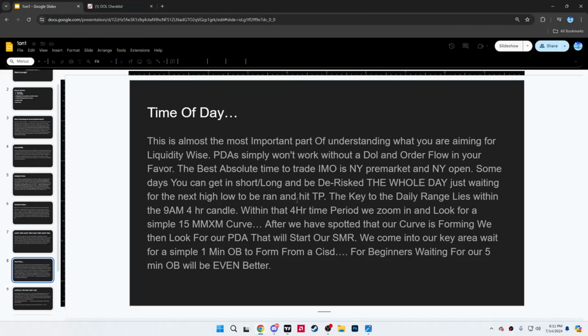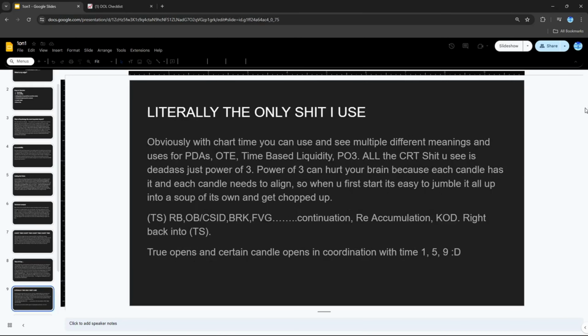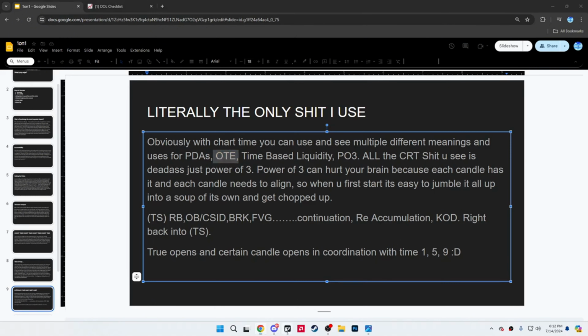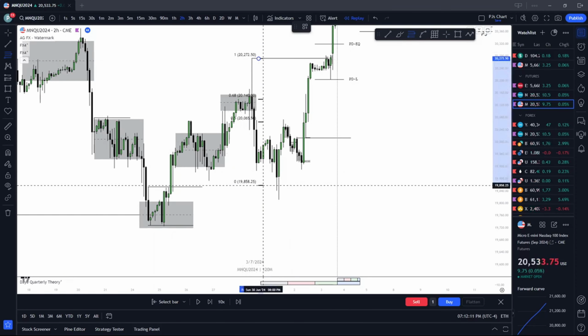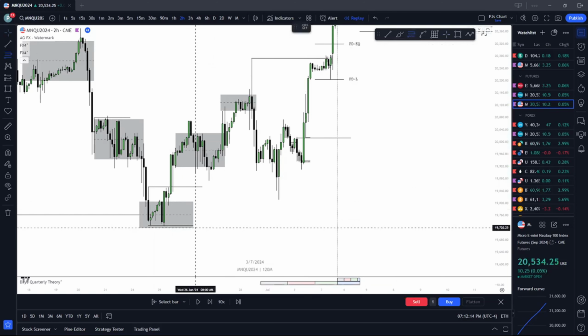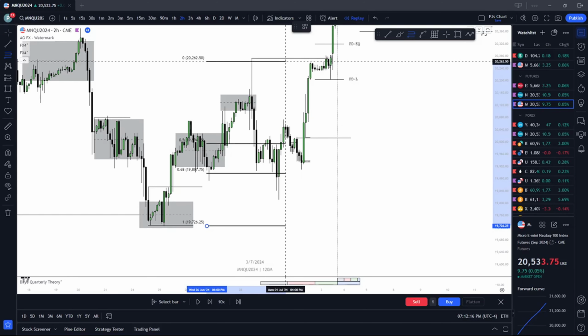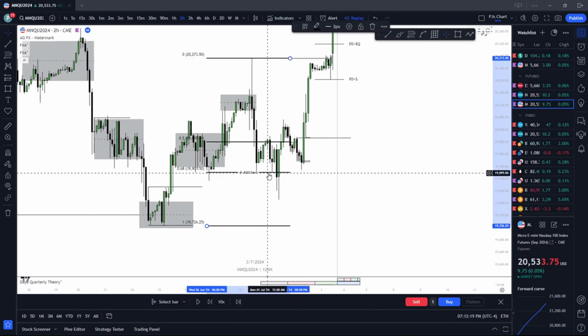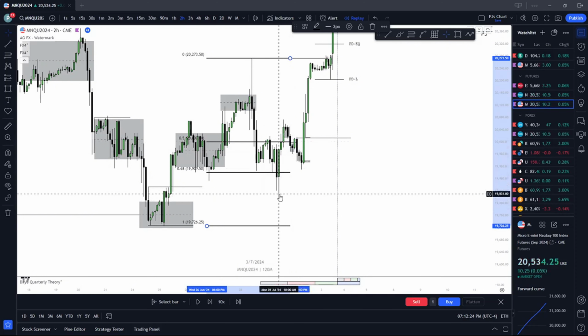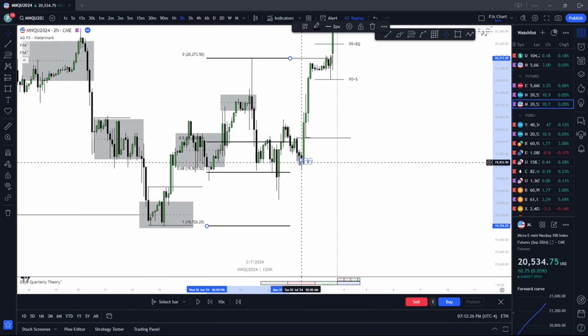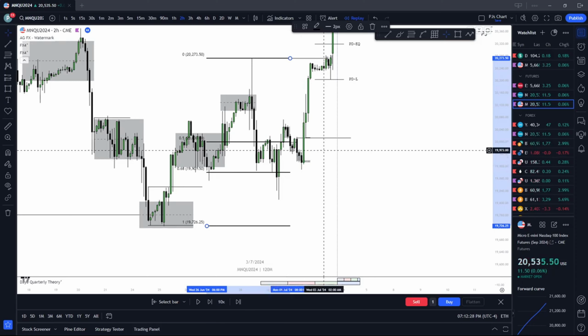And then a big thing that I use is time-based liquidity. I didn't mark it, but obviously, if you mark out this higher time frame range with this candle's high, this candle's low, and this candle's high, we see we come into OTE, so we know we're in a discount, and even here we're in a deep discount, but even on Tuesday we know we're in a discount.